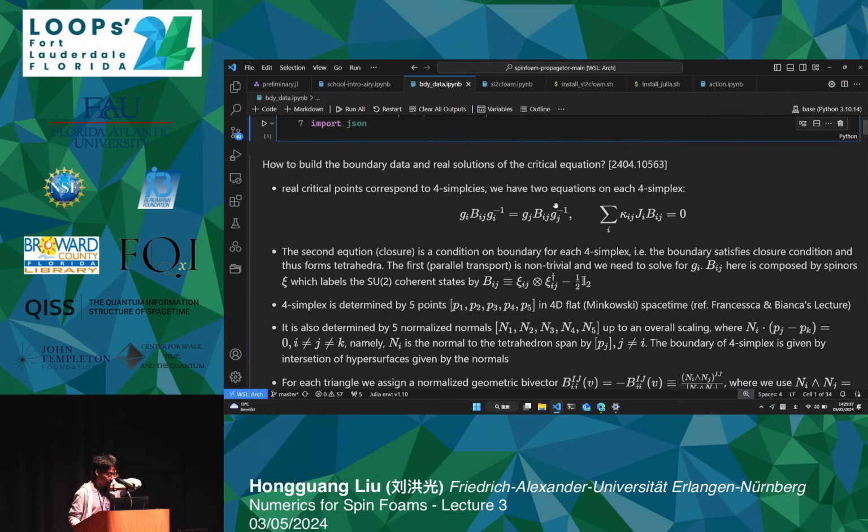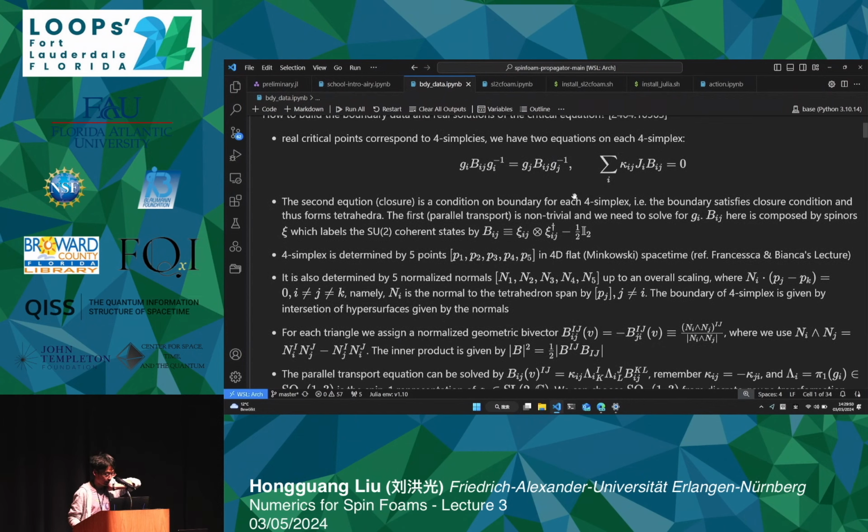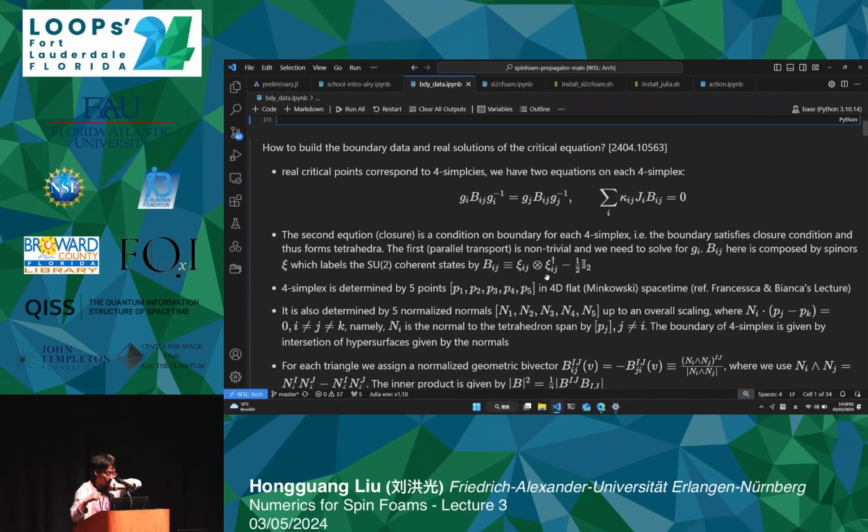At the beginning, it's not very obvious how to get this boundary data, which is only a 3D object. So we need to project it to its own reference frame from the 4D to the 3D subspace. That's the main task. And this rotation from the original 4D reference frame to the 3D reference frame is exactly given by these group elements. So these two are correlated.